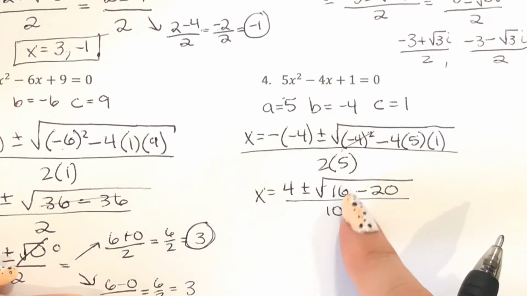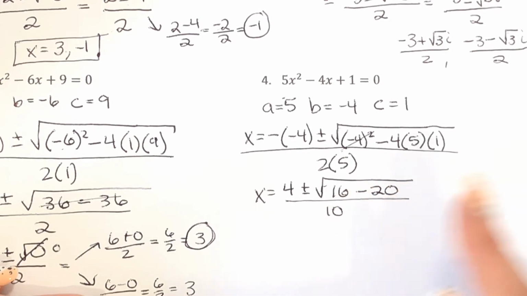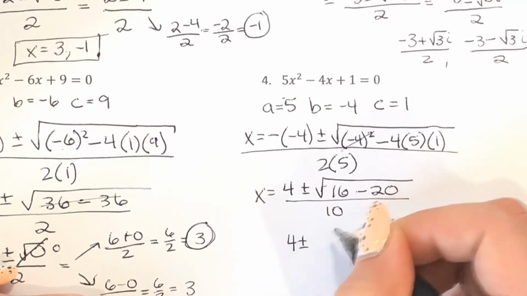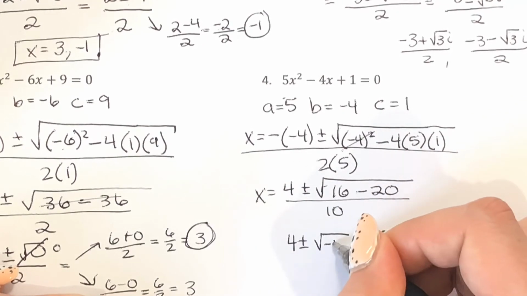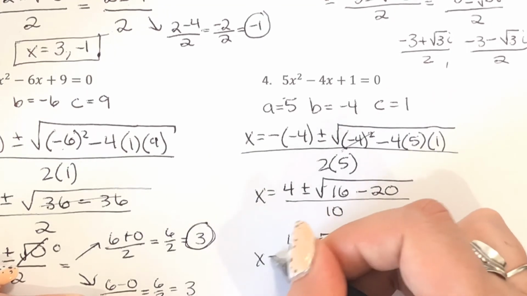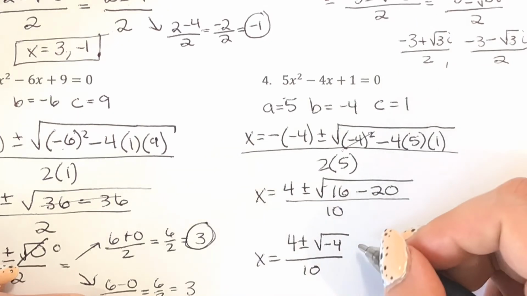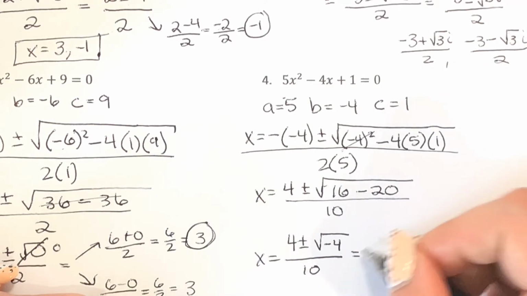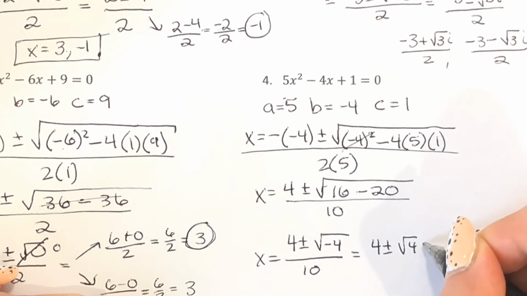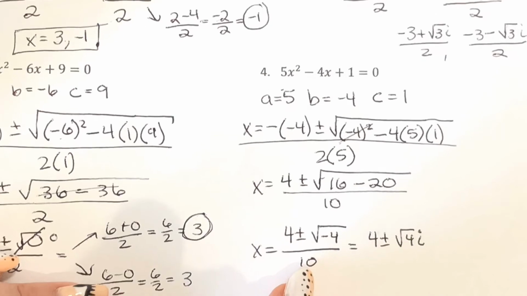Okay, so we're almost done, but now we can simplify inside the square root. 16 subtract 20 is -4, so we get 4 plus or minus the square root of -4 over 10. So on this one, we did get the negative again. So we do take that out. We're going to have the square root of 4, but then turn it into an i instead of having a -4 over 10.